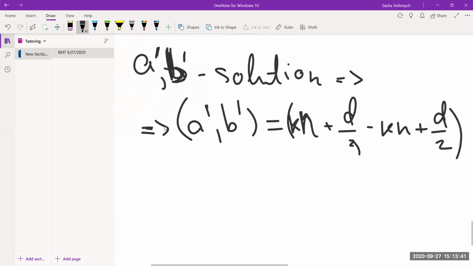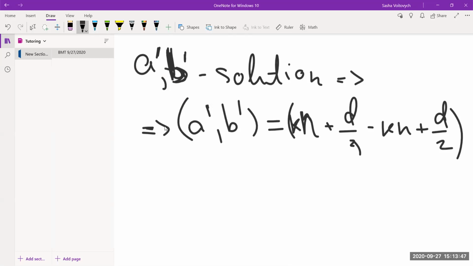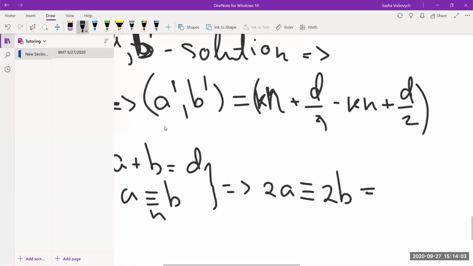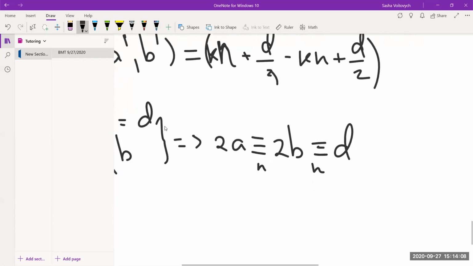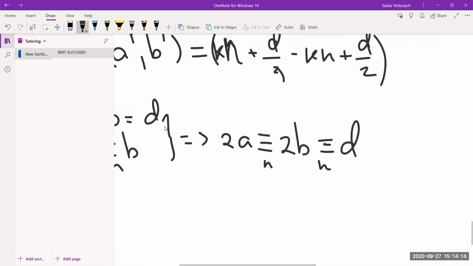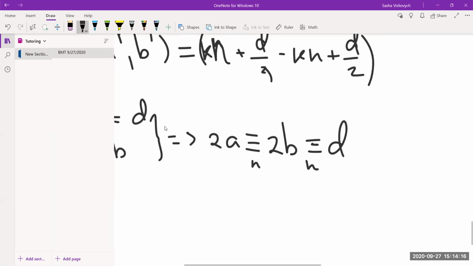Why is that? It's not that complicated. We know that A plus B is equal to D and A is congruent to B mod n. Then 2A is congruent to 2B is congruent to D mod n. Well, 2A is even, n is even, and D is even.